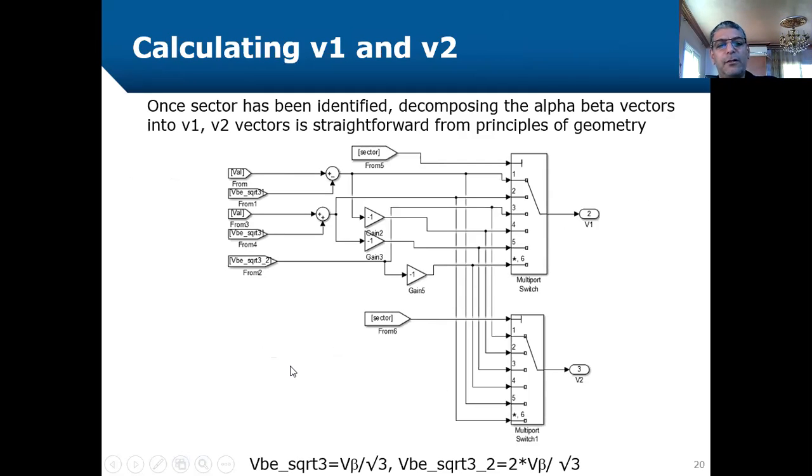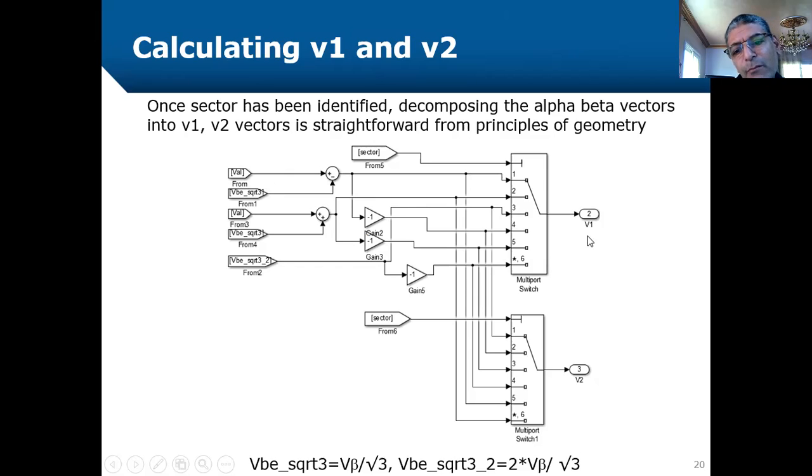So we got the sector number, and once the sector has been identified, decomposing the alpha beta vectors into V1 and V2 vectors is straightforward from principles of geometry. If we have a sector and the desired reference is located inside that sector, then using the V alpha and V beta coordinates of the desired vector, it is very simple to decompose V alpha and V beta into V1 and V2, where V1 is the space vector which represents a diagonal of the hexagon, taken from the sector number.